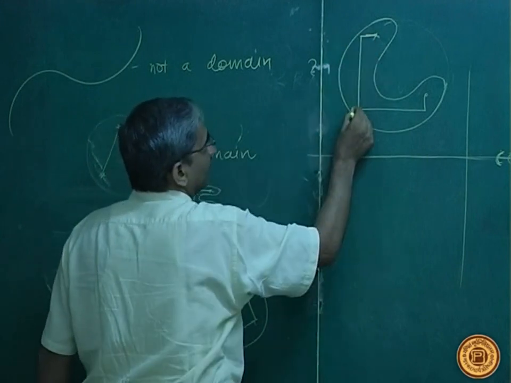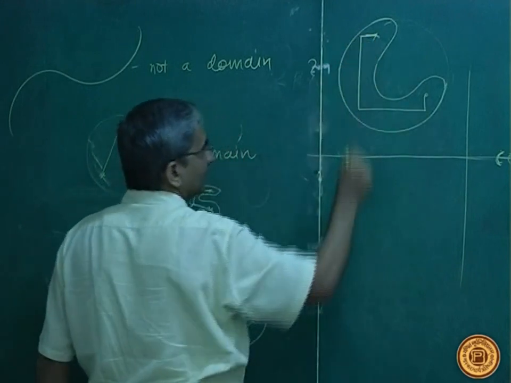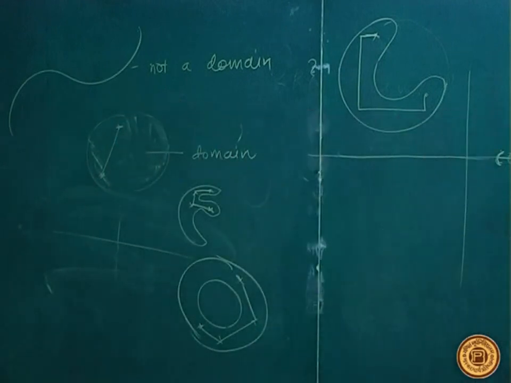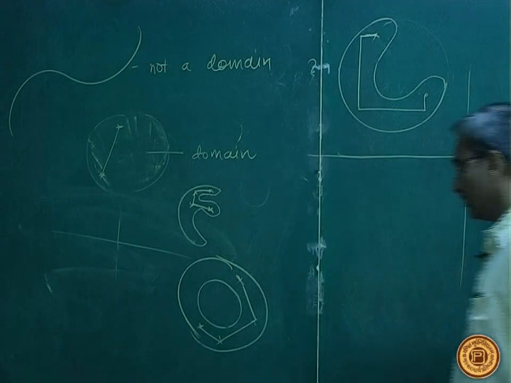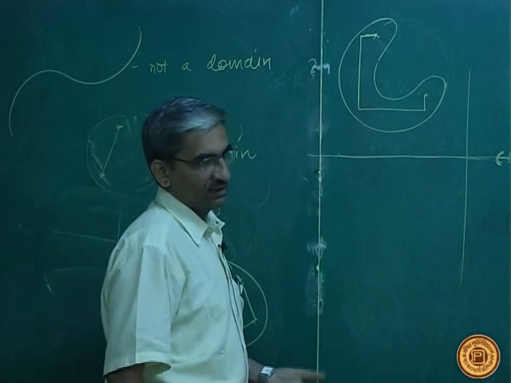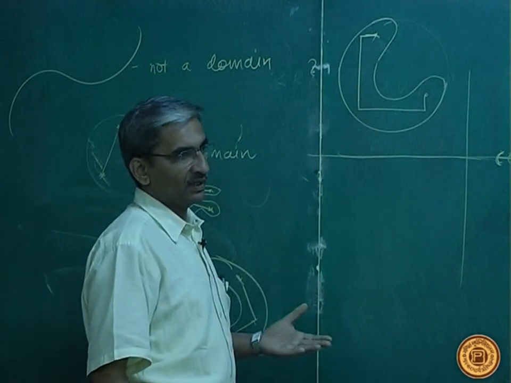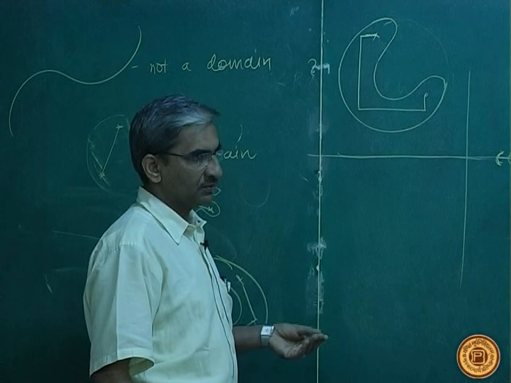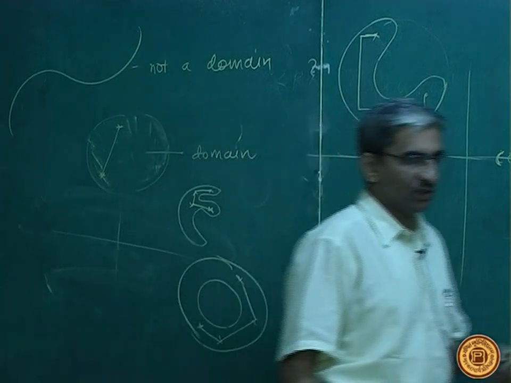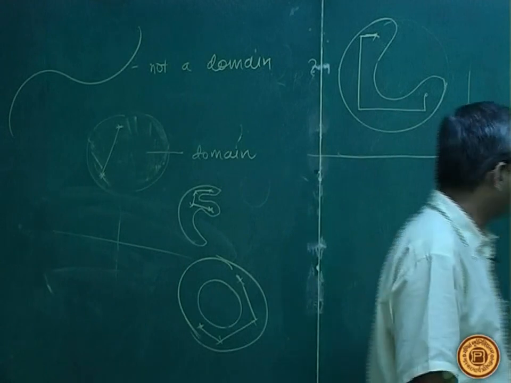So this is vertical, this is horizontal, vertical. If you consider a domain, it is always possible to choose a path which is polygonal in the first place, that you can always join by a path consisting of straight line segments, and further you can also choose these line segments to be either vertical or horizontal.